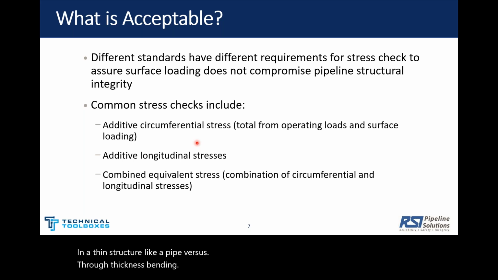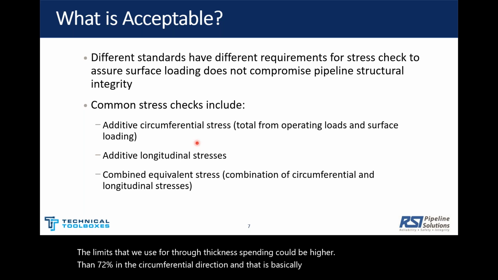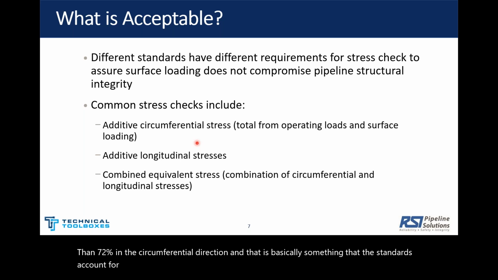The limits that we use for through thickness bending could be higher than 72% in the circumferential direction, and that is basically something that the standards account for when they tell you you can use 90% or something higher than 72%.